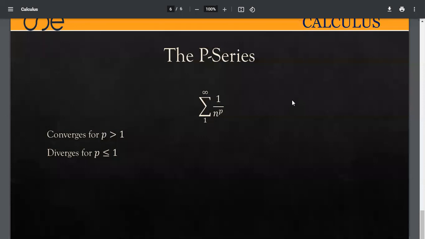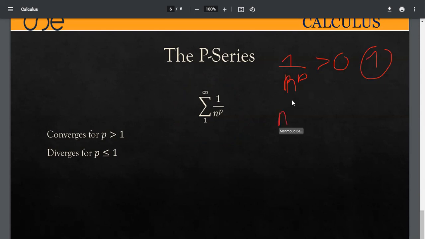We discussed p integrals before in the improper integrals section, and it appears that if we have a series of the form 1 over n to the power p, we should call it the p-series. Why? First, all terms are positive, so this is the first condition for the integral test.